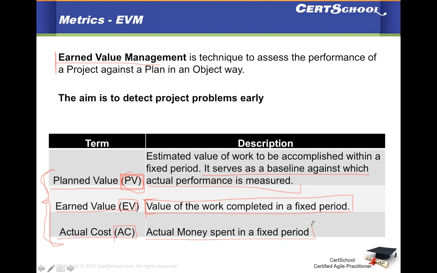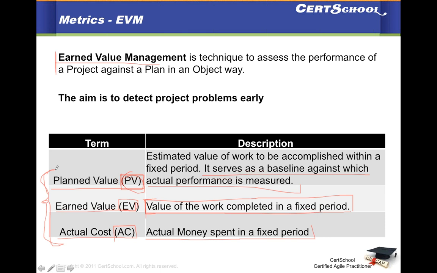So you must have had some budget in that release cycle of 3 months. How much of that budget have you expended? Measure it against the value that you have gained and against what you had planned. That is simply what earned value management is.